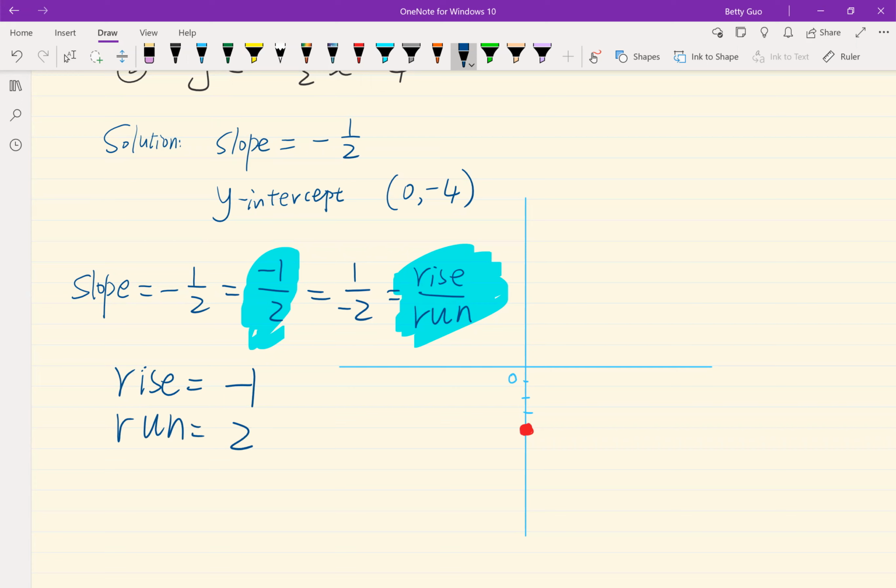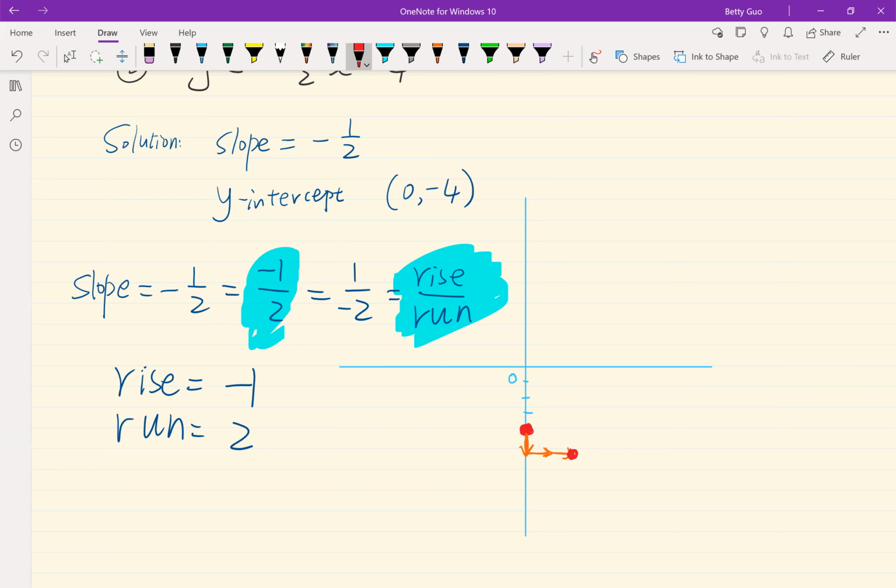Okay, so from the Y-intercept, rise is -1, so we go up or go down? Go down. Go down 1 unit, right? Run is +2, so we go to the right or go to the left? Right, yeah, right is a positive, so go to the right. 2 units, 1, 2. So the second point is right here, right?